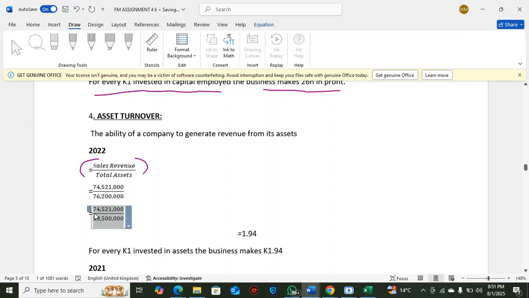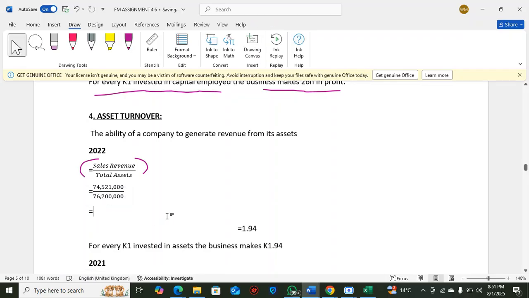What do we get? 74,521 divided by 76,200,000 gives 0.97.